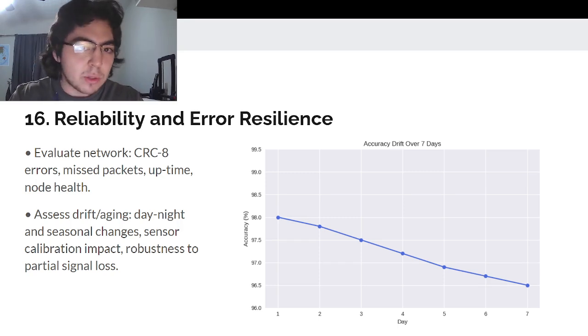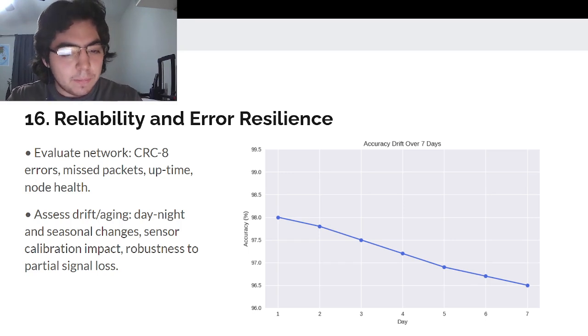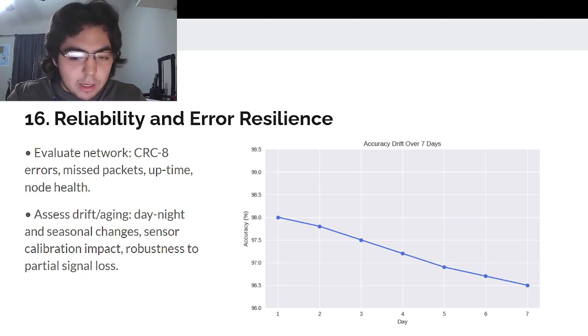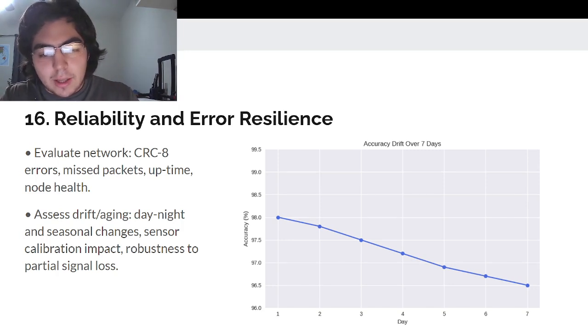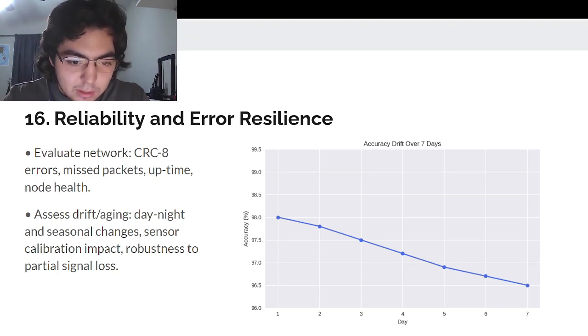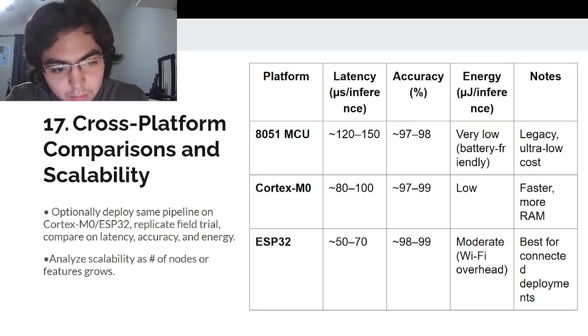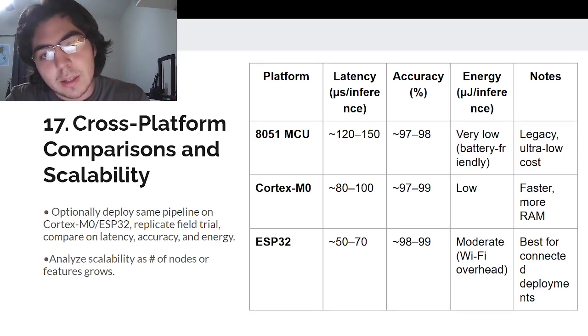Of 100 rooms, it correctly predicted 98 of them as being what they actually are. And then 2 of them, maybe they were empty, but it predicted that there was somebody in there. But then at this trend, at day 50, it would start predicting 50 of the rooms incorrectly, and you don't want that. So, cross-platform comparisons and scalability.